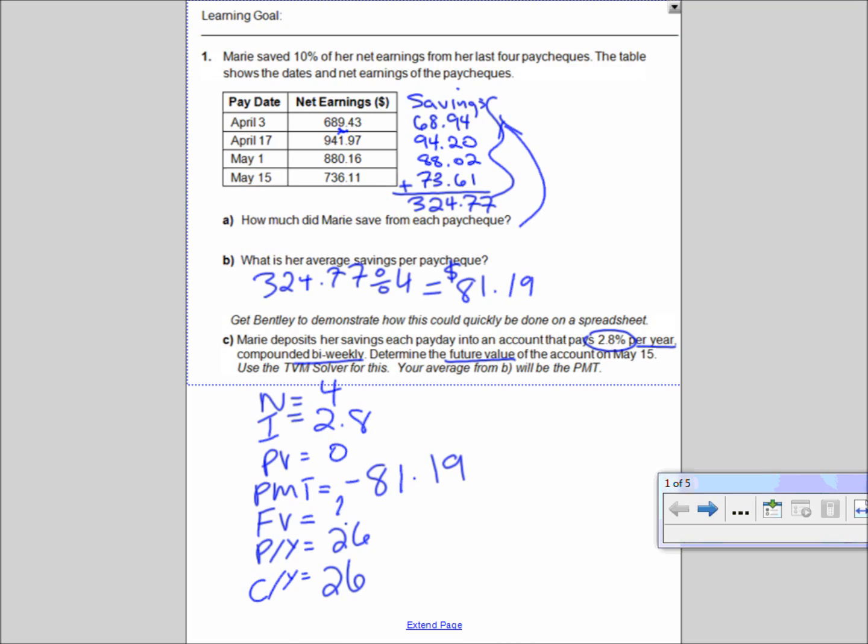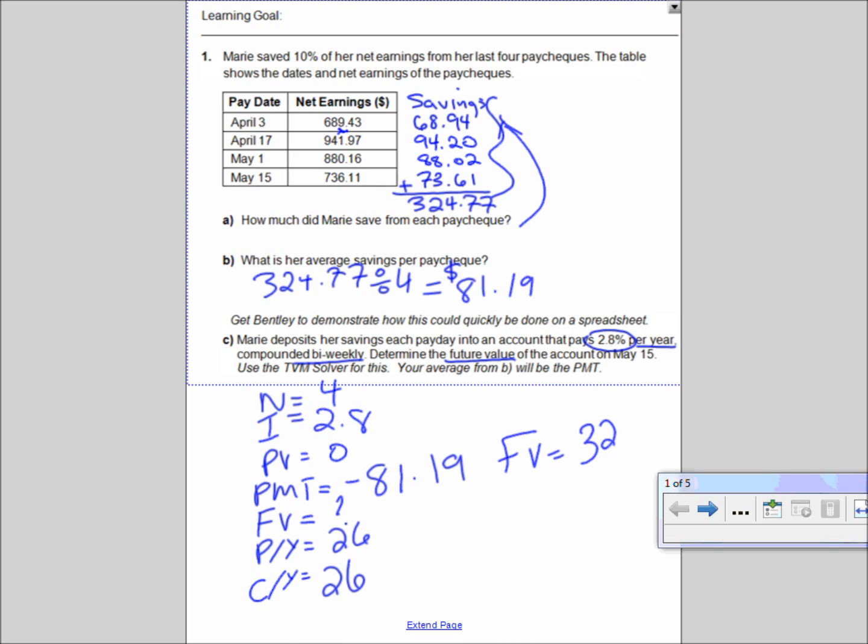So now you use your TVM. So 4, 2.8, 0, negative 81.19, 0, 26, and 26. So I have the future value, and can you just check it for me, Stephen?